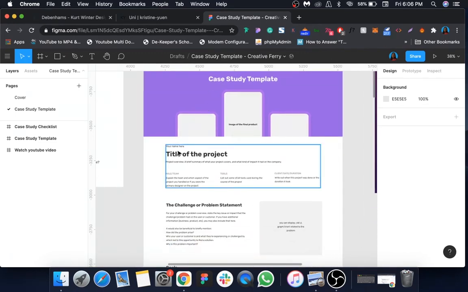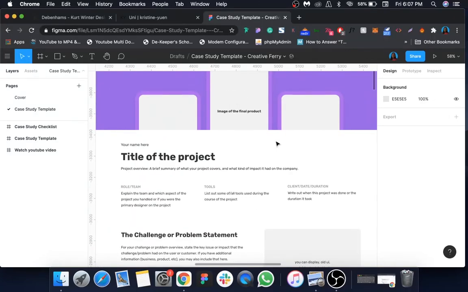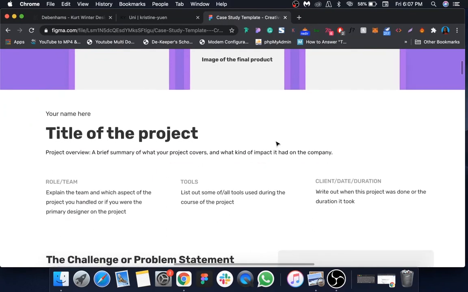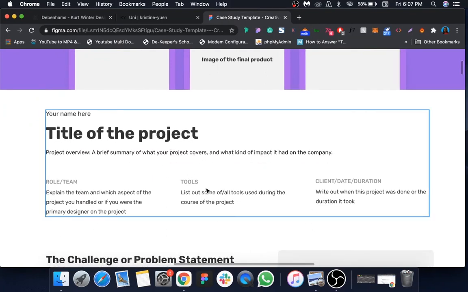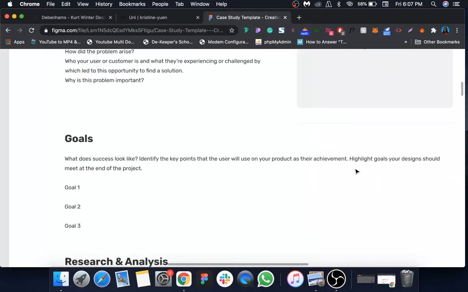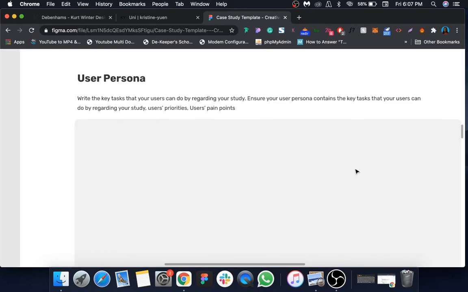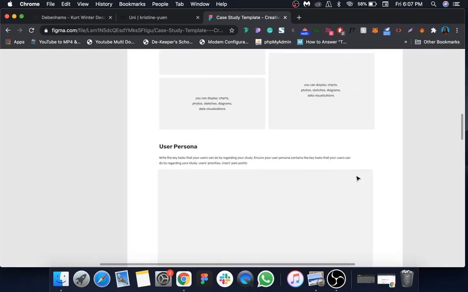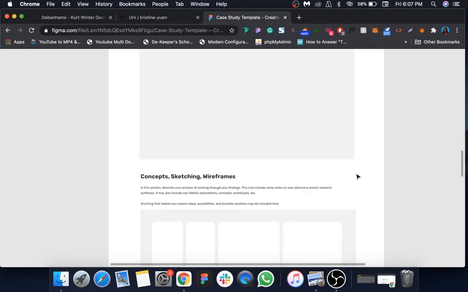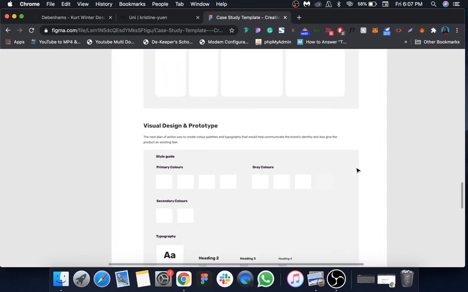So as I said, your name, title of the project, the product summary rather, your role or the team, the tools you use, the client, the date, duration, the problem statement, your goals, your process. This is research, all right? So this is a template you can just follow. As I said, it has to be in your own voice. So for every project, you can just work with this while you write your case study.